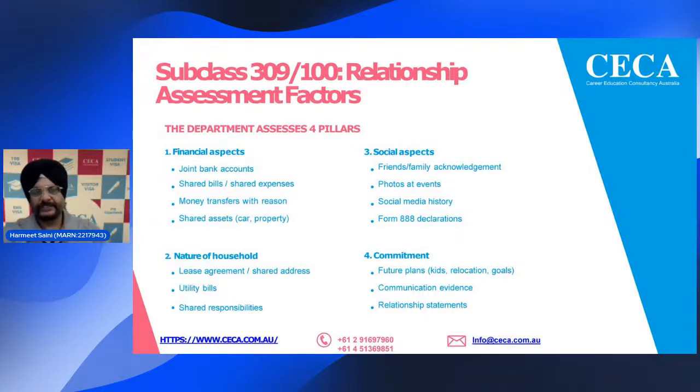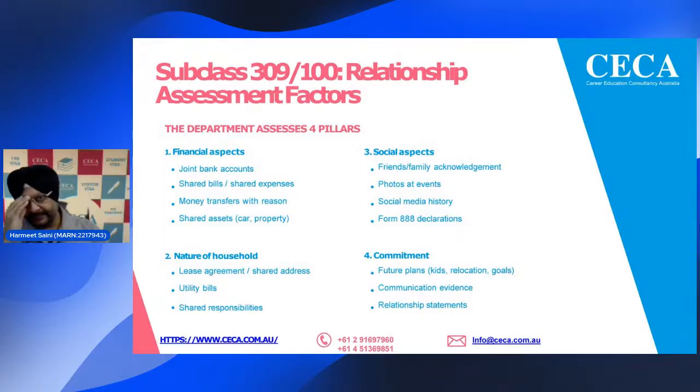In the financial aspect, you need to provide your joint bank statements, shared bills, shared expenses, if you transfer money to each other, and if you own any shared asset like a car or property. All this comes under the financial aspect of the relationship.